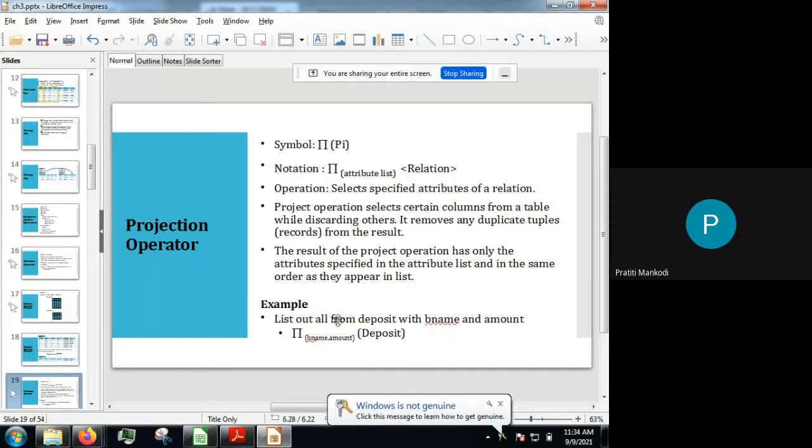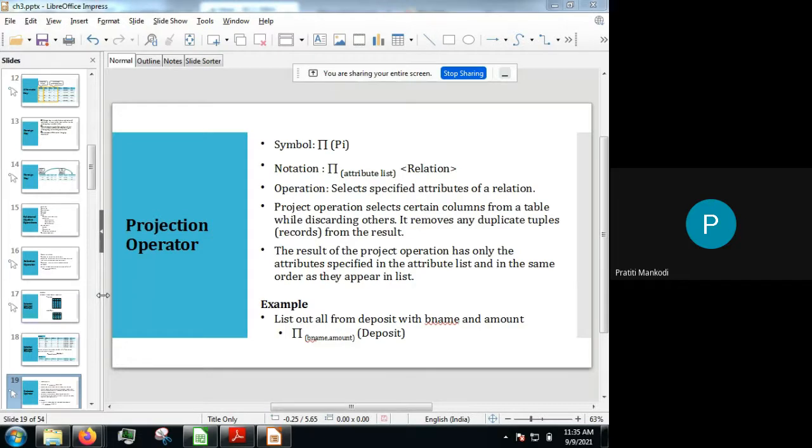Next comes projection. This is also something you know. Have you used that? It is very similar, or the same as your select query. What does a select query do? Select account number from the table.